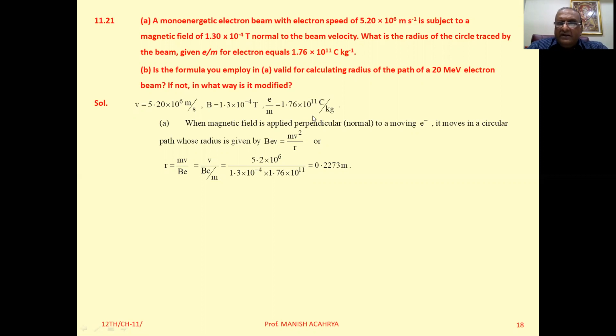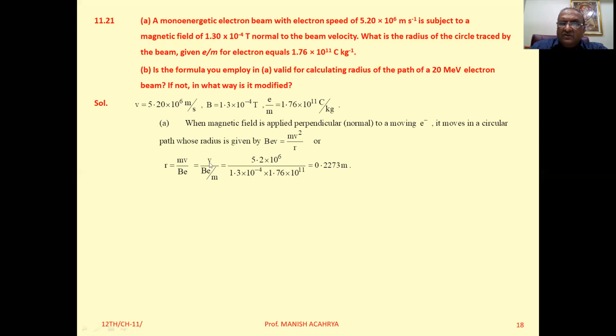And the required centripetal force will be provided by the magnetic force acting on that particle. So the magnetic force is BQV; here the electron is the particle, so we can write BeV. That will provide the required centripetal force mv square by r. So we can write r equals mv upon Be.